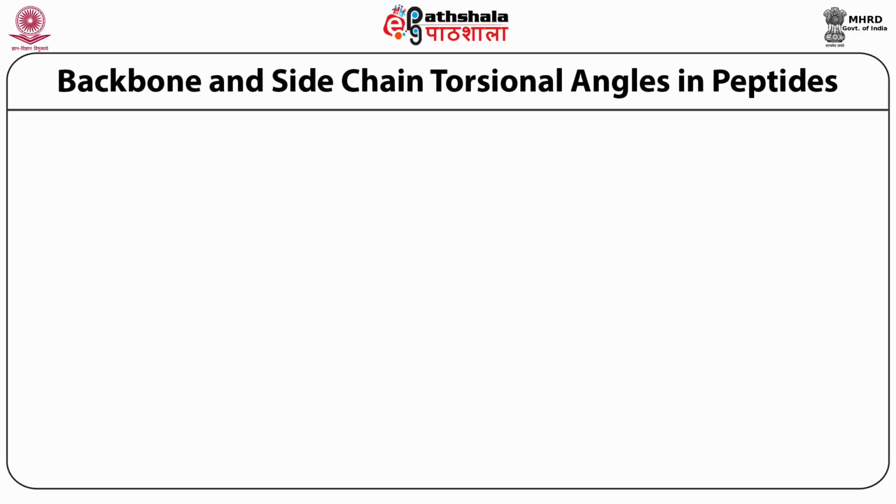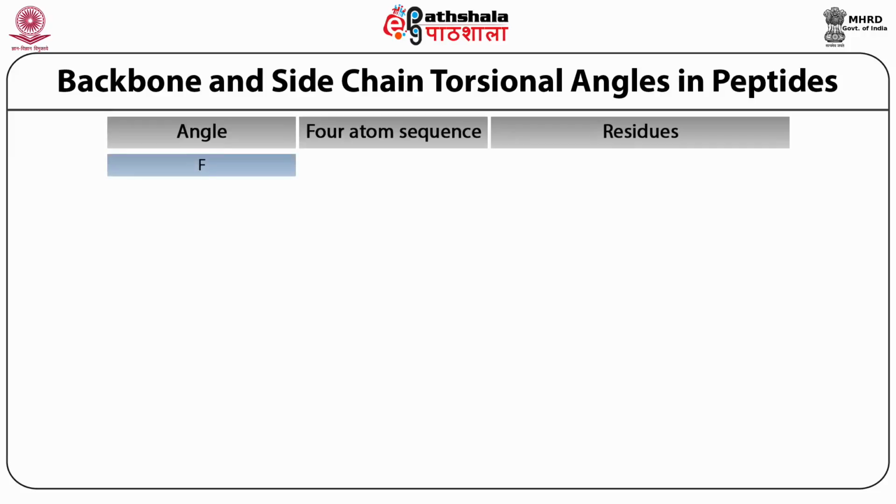The backbone torsional angle phi is defined as C N-1, N, C alpha, C. We have omitted suffix N for the central amino acid.